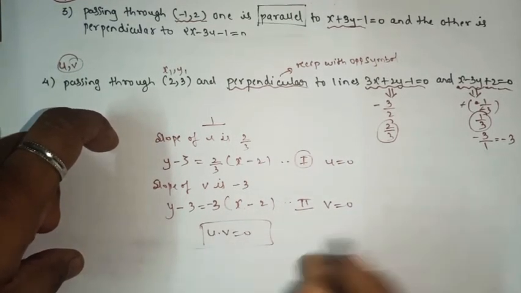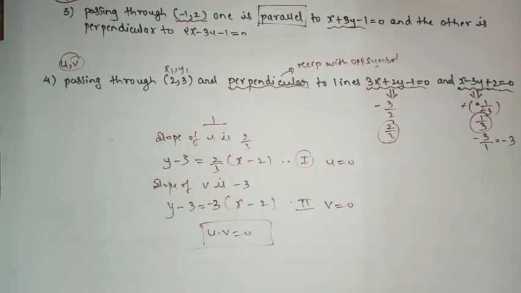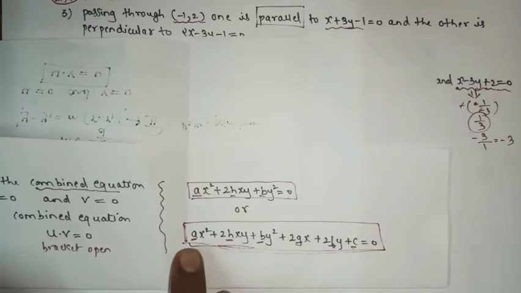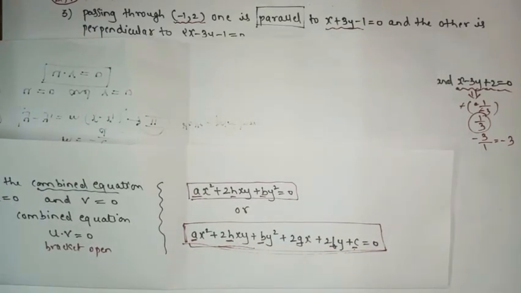Multiply both the equations, so you will get the combined equation, and that combined equation will be in the form of what? For the final answer, you have to keep the answer in this form: ax square plus 2hxy plus by square plus 2gx plus 2fy plus c equal to 0.